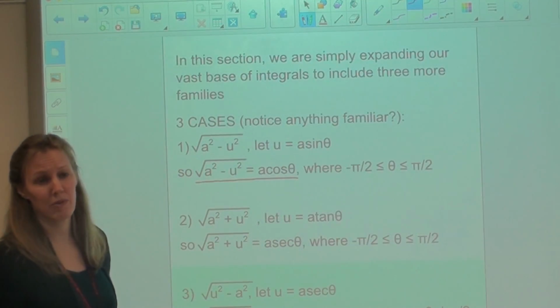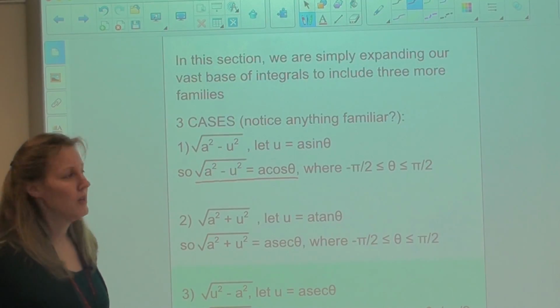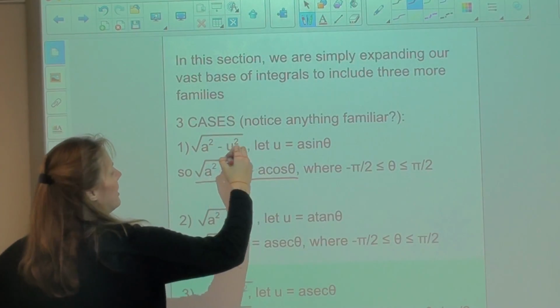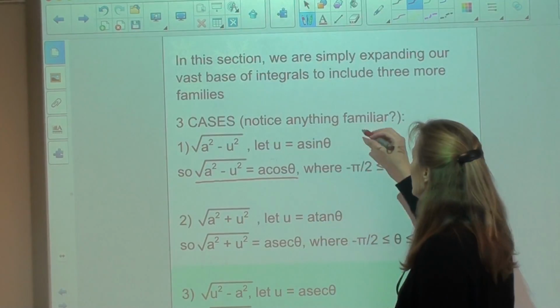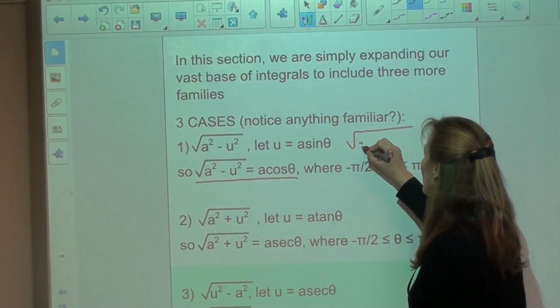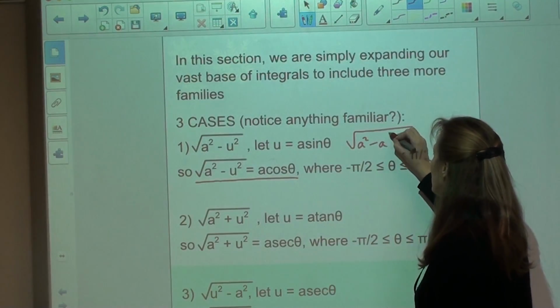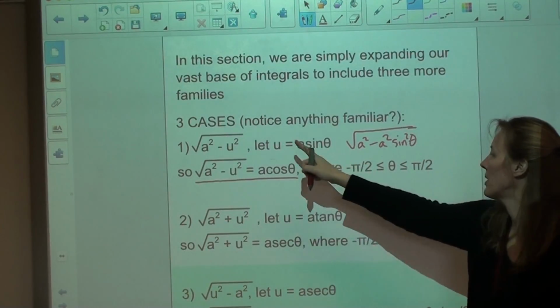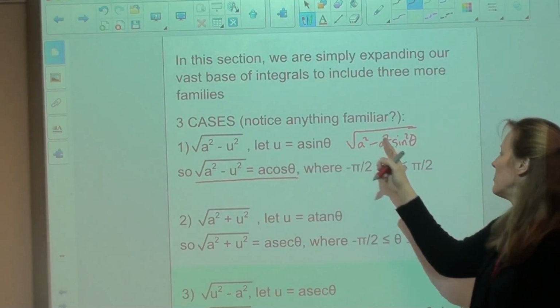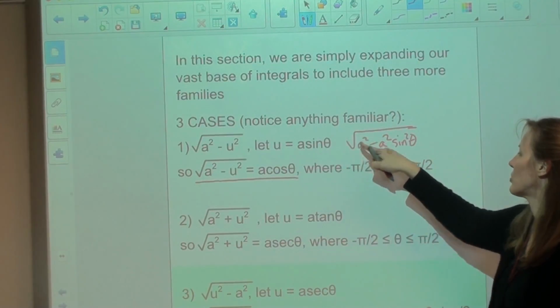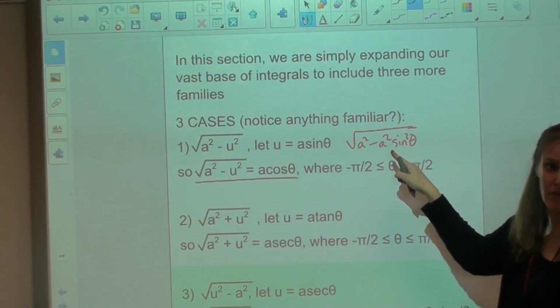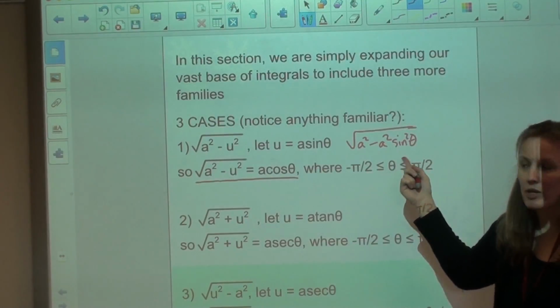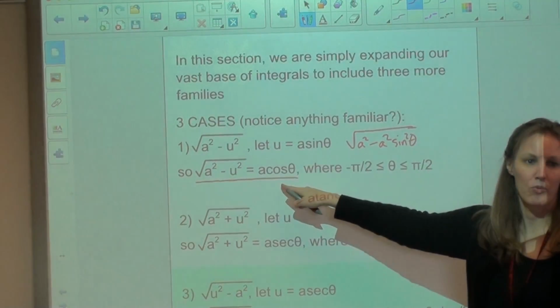You just have to be very careful how you do it, right? Like if you went ahead and did it, if we said, all right, so this is the square root of a squared minus a squared sine squared, right? We plugged in our u, and then pull out the a, so you get the square root of 1 minus sine squared, which is the square root of cosine squared, which is cosine, right?